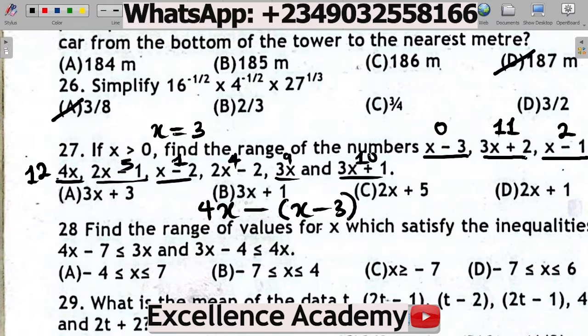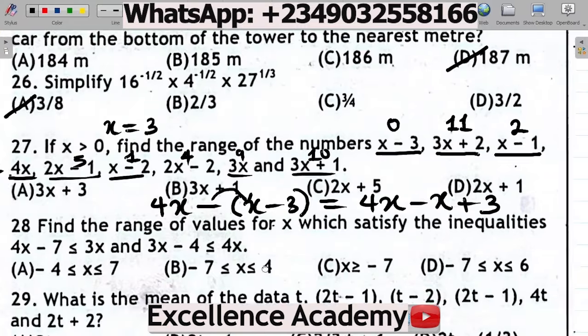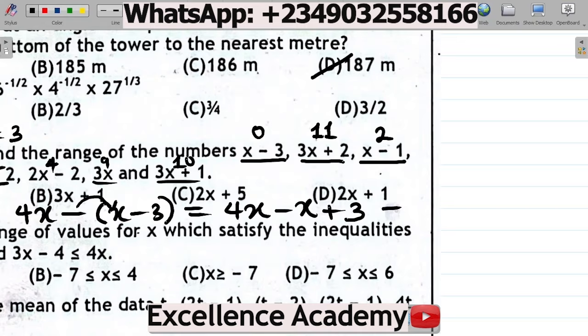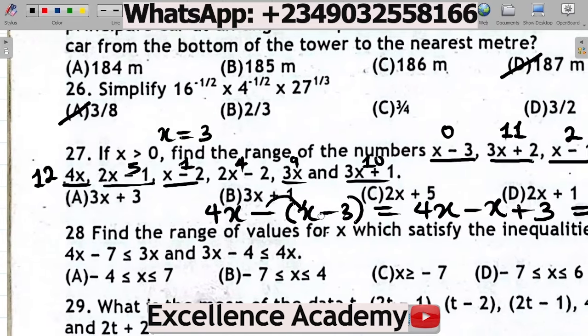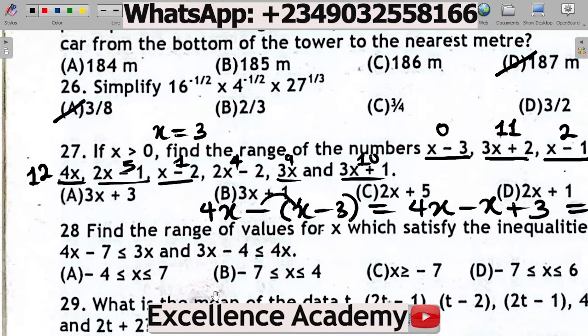Difference between the biggest value, 4x, and the smallest value, x minus 3. Let's work on this. 4x minus x gives you 3x, then you have plus 3. So the answer to this question here is simply 3x plus 3, which is option A.